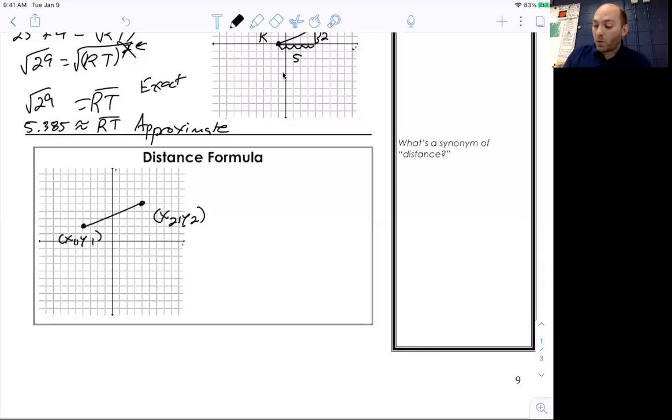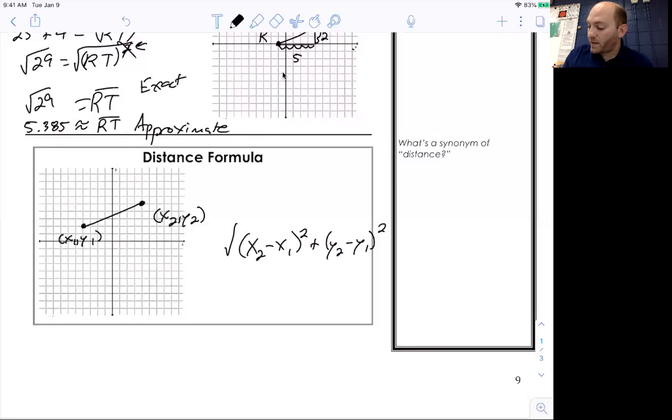Now we can show the distance formula. It's the square root of X2 minus X1 in parentheses squared, plus Y2 minus Y1 in parentheses squared.